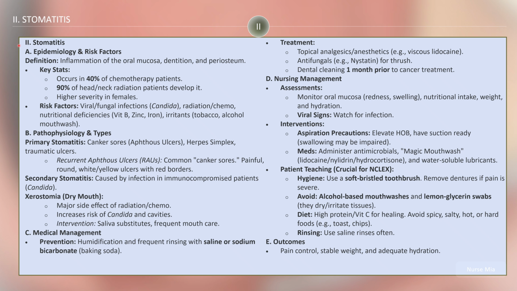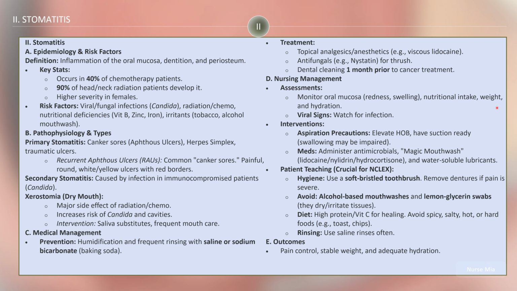About 90% of head and neck radiation patients will develop high severity, more in females. Risk factors are viral and fungal infections like candida, radiation, chemo, nutritional deficiencies like vitamin B12, zinc, and iron, and irritants such as tobacco, alcohol, and mouthwash.